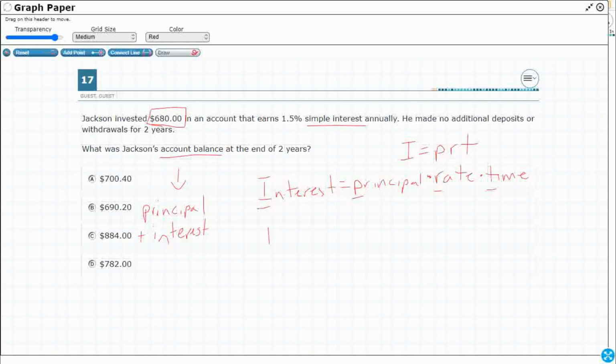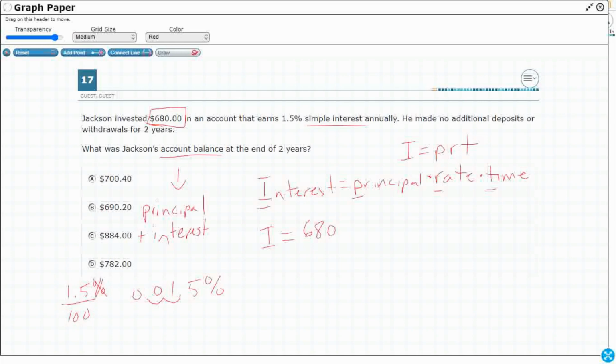So my I equals principal, $680. That's the initial amount. Rate, 1.5%, but I need to change that into a decimal to make it easier to calculate, so I'm going to move the decimal over twice. That's going to be 0.015. The reason I do that is because any percent is out of 100.